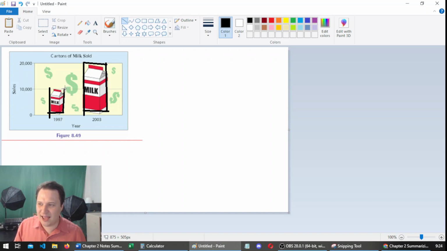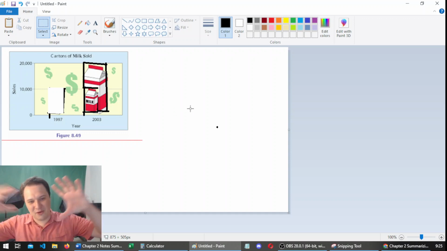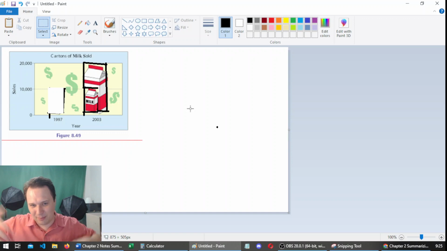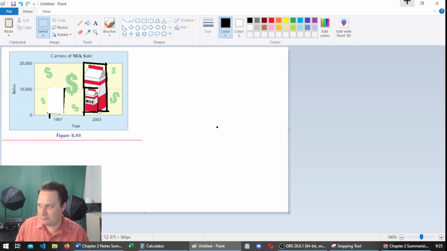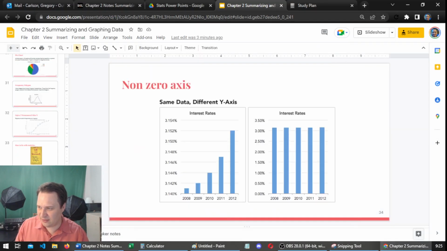And so to the eye, it looks like a 4 times increase instead of a 2 times increase. In fact, if I cut out this milk carton, you can see how it's only a fourth of the size of the big one. And if you do it in 3 dimensions, you can multiply something by 8 by doubling it. And so it's even a bigger miscommunication. So beware of pictograms and beware of bar graphs where the bar does not start at 0.